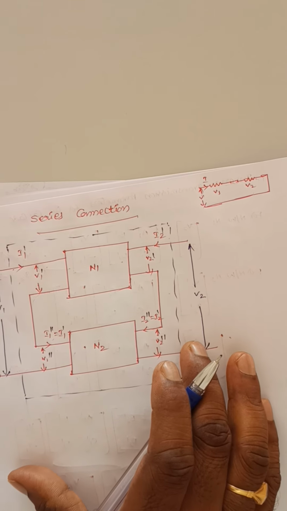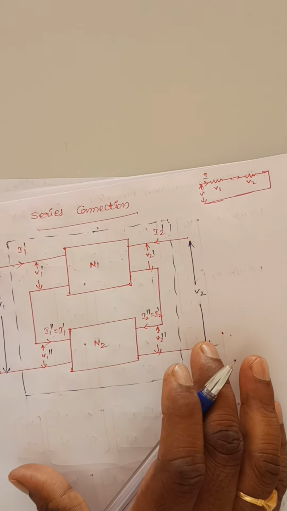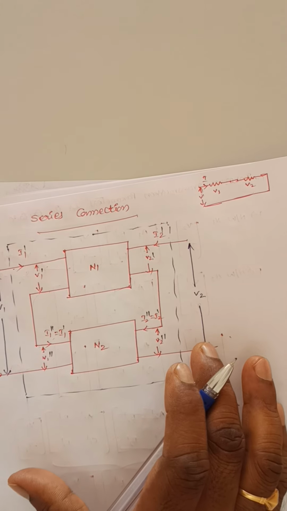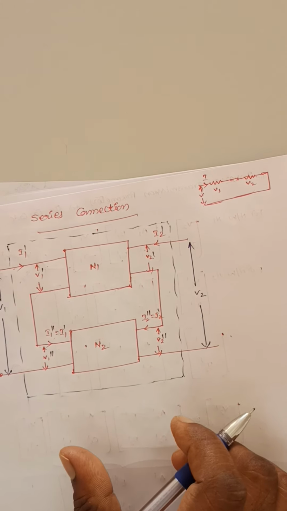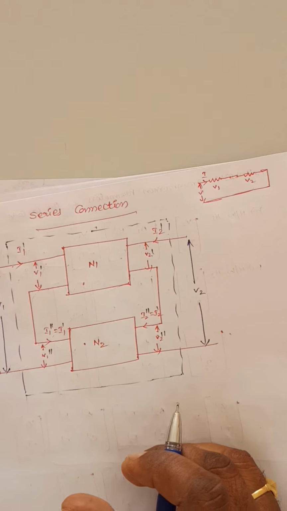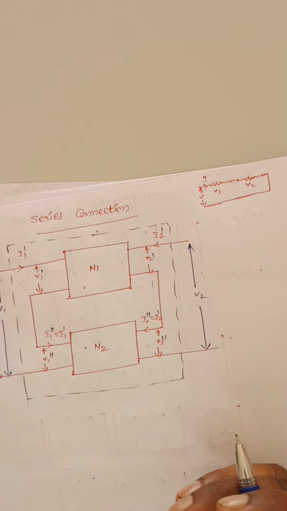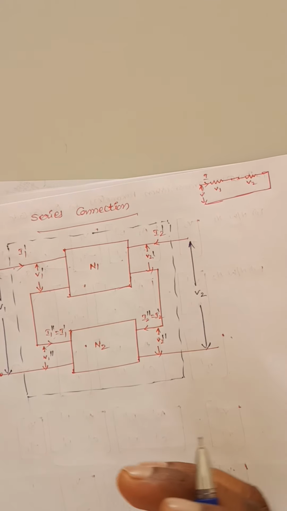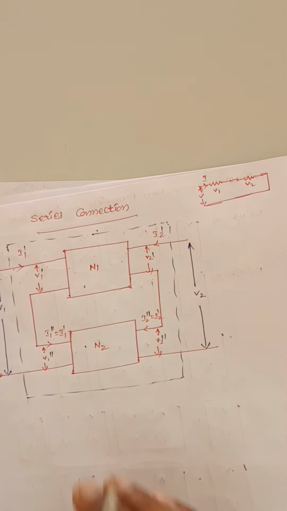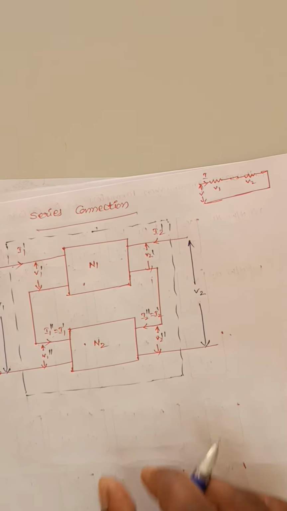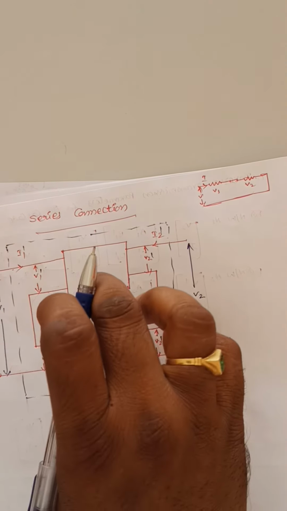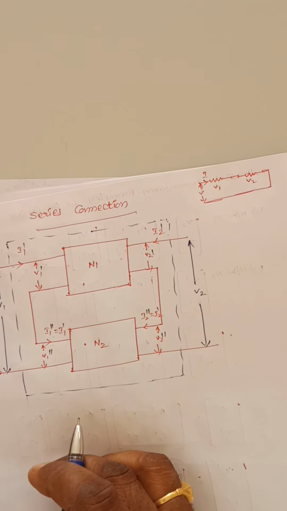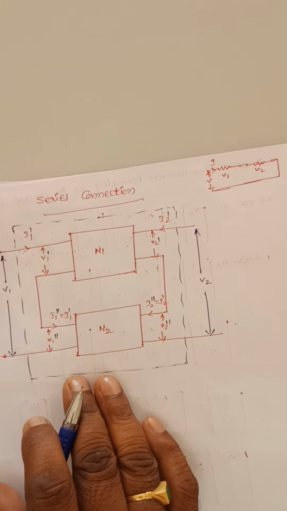Here I can say that calculation of Z parameters is easier for this type of connection when compared to the calculation of the other parameters, that is Y parameters, ABCD parameters or hybrid parameters. Calculation is somewhat difficult for those. Calculation of Z parameters is easier. How it is easier, let me discuss here.